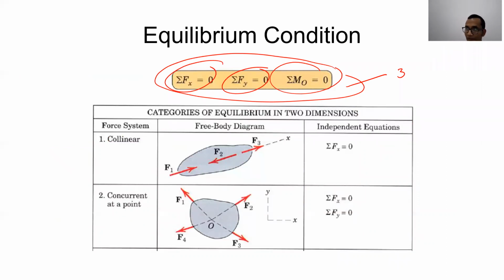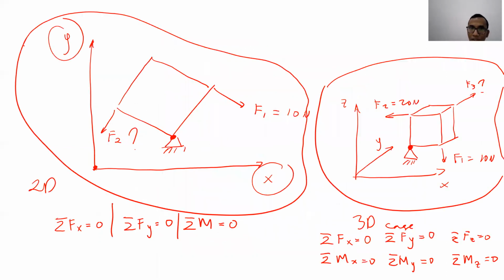But before we talk about equilibrium, the first thing that you're supposed to know is how to draw what we call a free body diagram. What is a free body diagram?